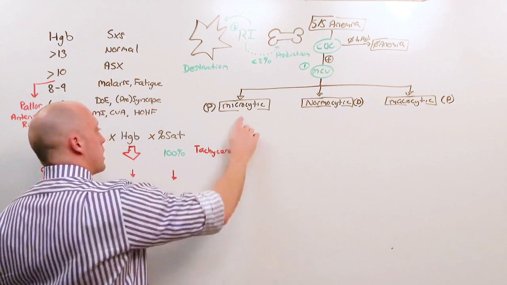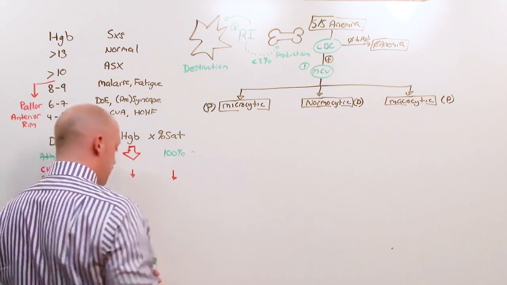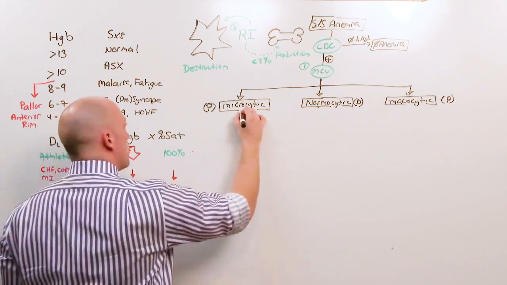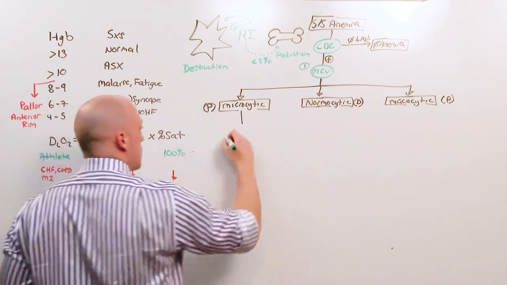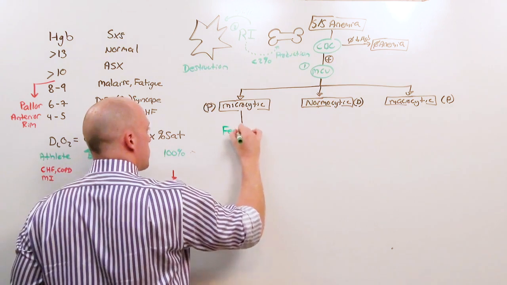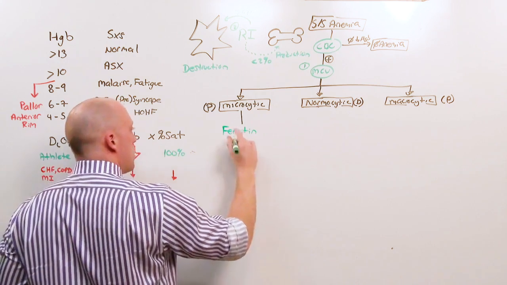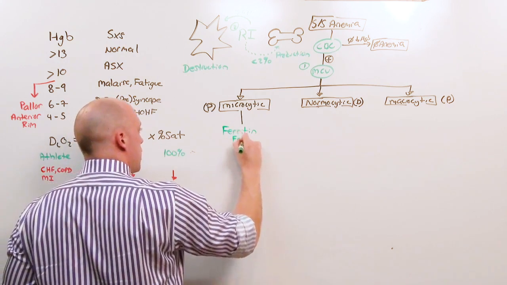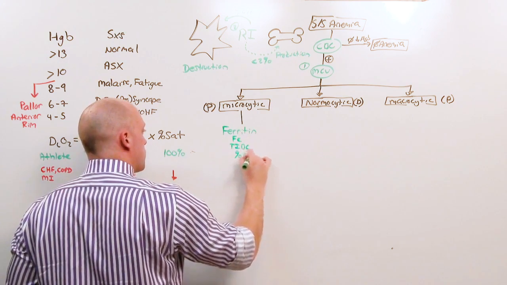All right, let's talk about microcytic anemia first. We have a whole lecture dedicated to it, but here are the highlights. When you have a microcytic anemia, the next step is a ferritin. If you have to pick one test, pick ferritin. But you get iron studies, which include iron, ferritin, TIBC, and a percent saturation.